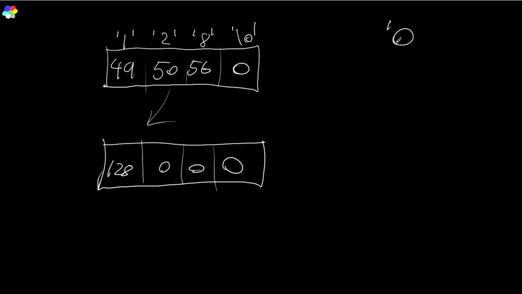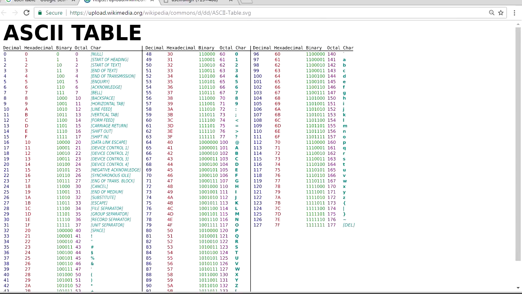Let's take a look at the ASCII table, for example. Where is it? There. All right. If we look at the ASCII table, here are the digits 0 to 9, and we can see that they are lined up sequentially in terms of their value, which is a very useful property.